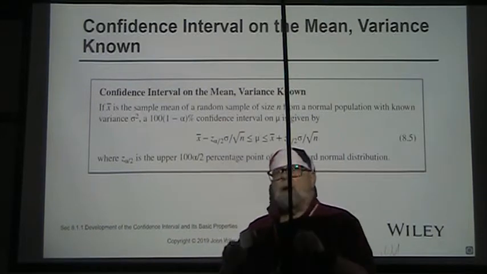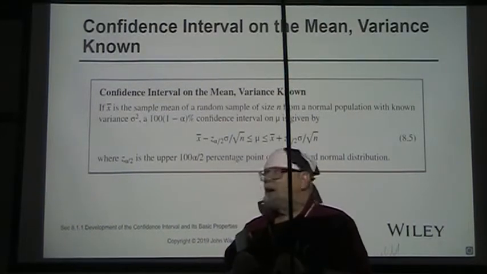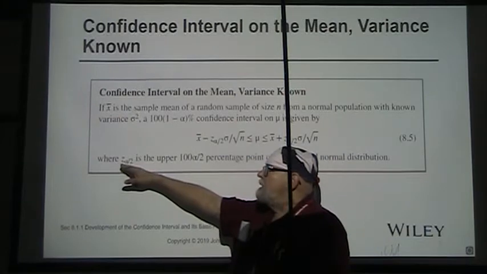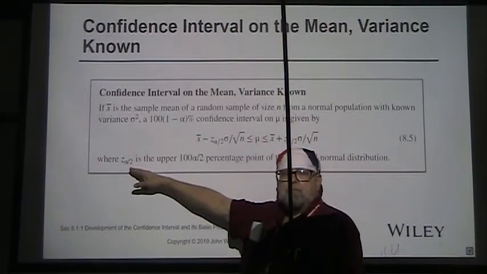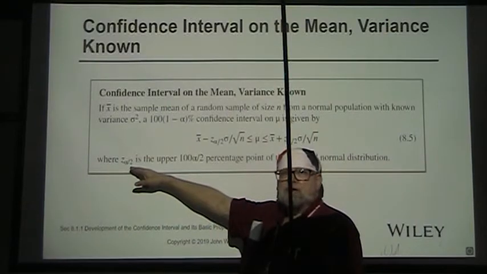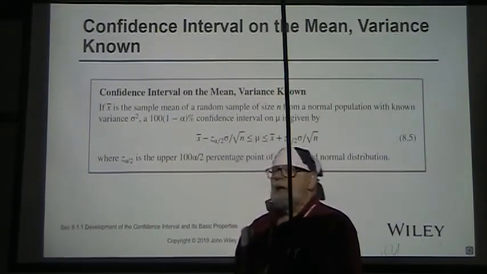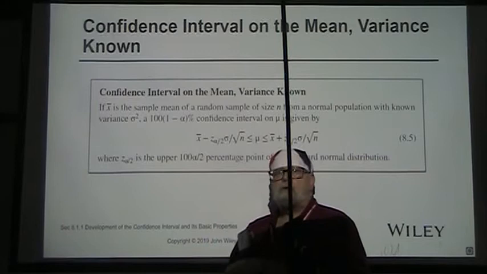Okay? So how do we find alpha, and how do we find Z alpha divided by 2? Both excellent questions. And so let's work through a couple of problems about how that is done.